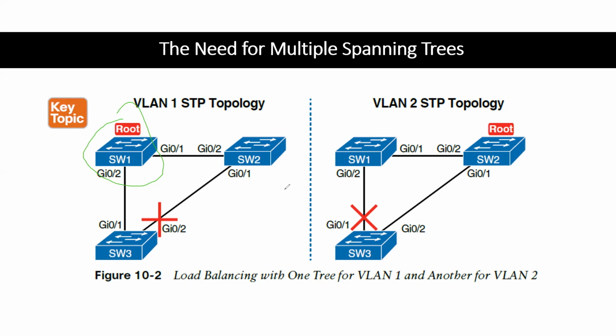So it's an amazing thing. And that's one thing I want you guys to understand for this exam: you need to understand the purpose of multiple spanning tree. There are a lot of benefits that we're going to go over.